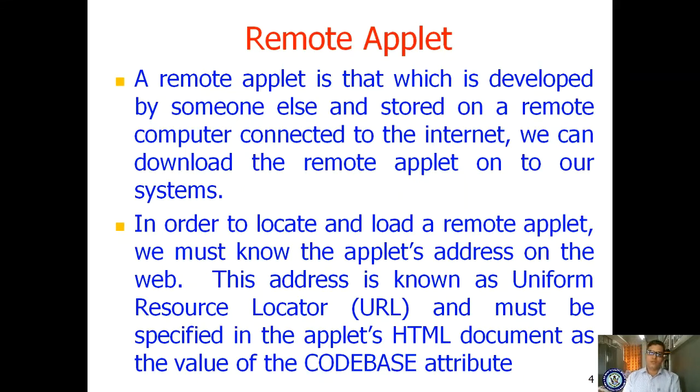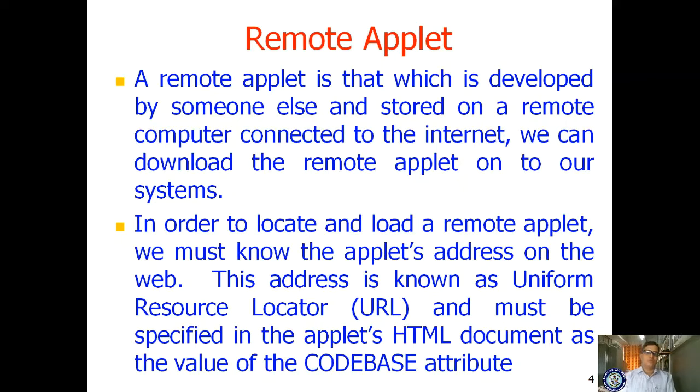In order to locate and load a remote applet, we must know the applet address on the web. This address is known as the uniform resource locator, and it must be specified in the applet's HTML document as the value of the codebase attribute.